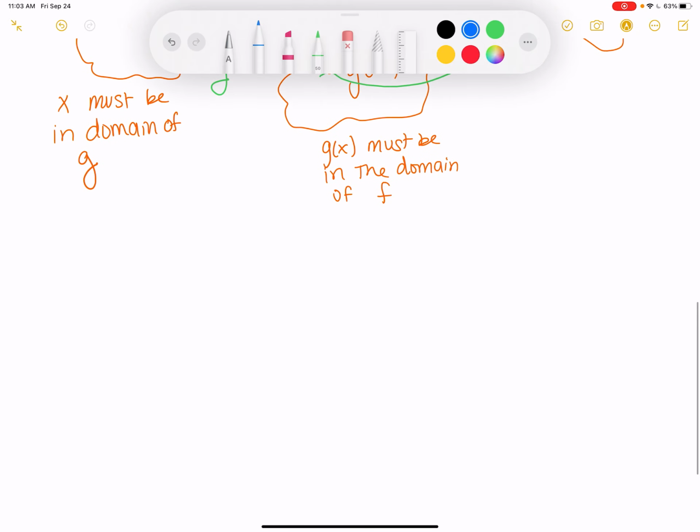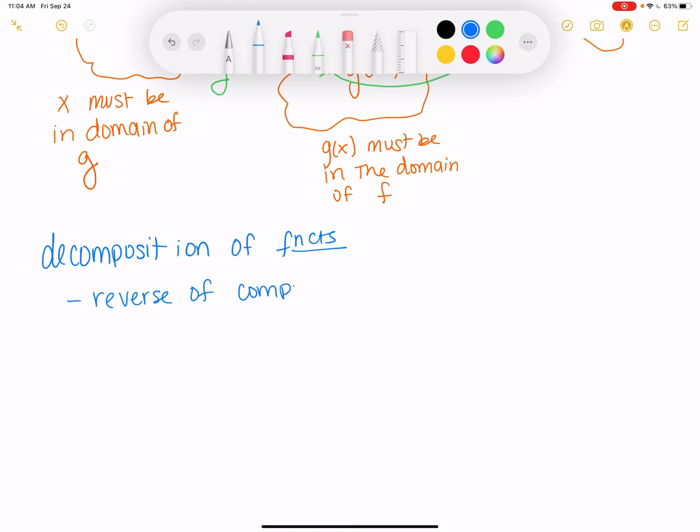Alright, and then lastly, we've got decomposition of functions. It's just the opposite of the composition of functions, which we just looked at. Reverse of composition, or composing, I guess I should say, functions.